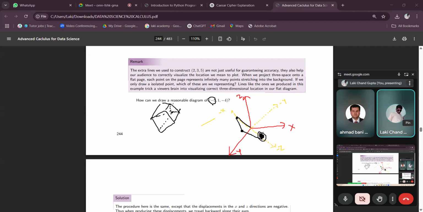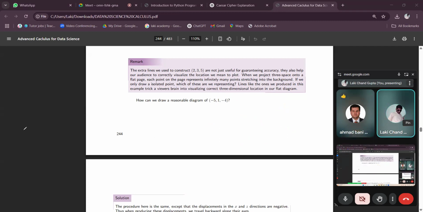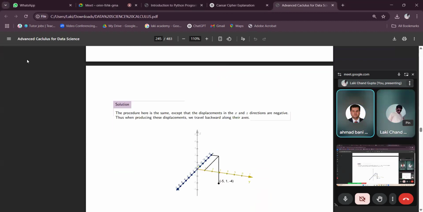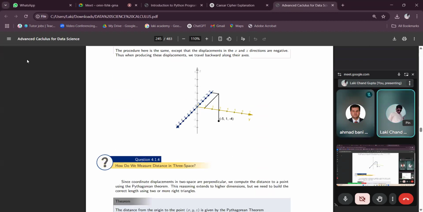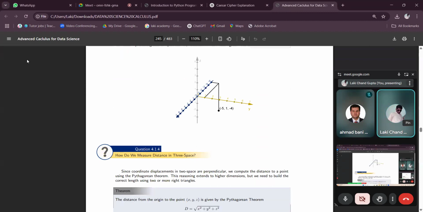So in the three-dimensional coordinate system, you have to visualize things.